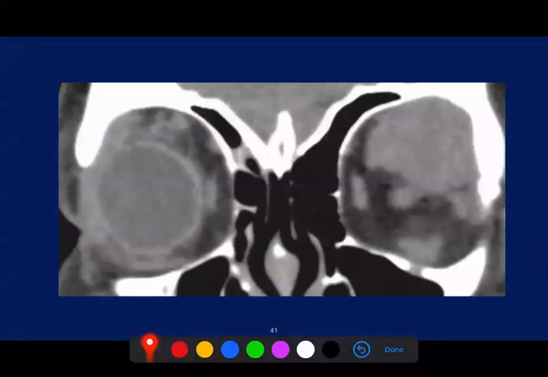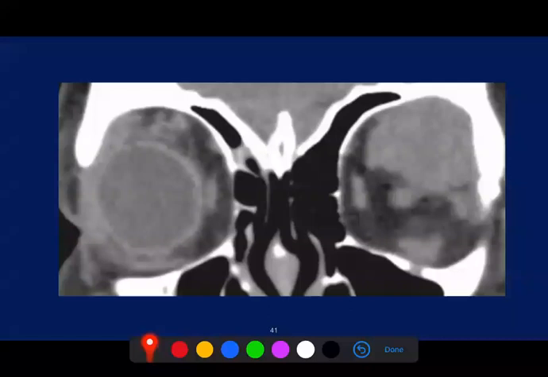Okay, this is a coronal section of the CT scan showing soft tissue window, hyperdensity of the superior temporal area of the left side, extraconal, pressing on the superior rectus and also the lateral rectus. I think I'm also seeing part of the optic nerve here.